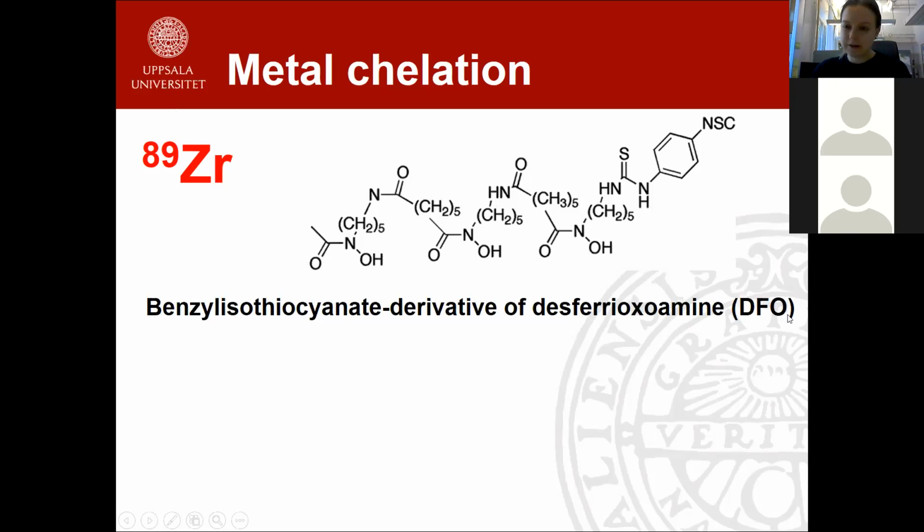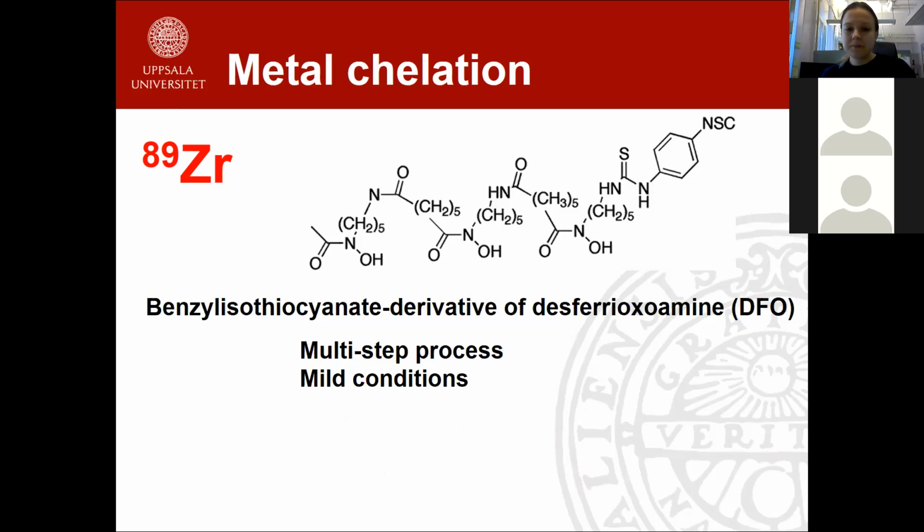So DFO is a chelator for zirconium, but it's not an ideal chelator because it doesn't hold zirconium very well, and when it's injected in the body, zirconium diffuses out of the chelator into the blood, and then it can go into the bone. So you can see unspecific signal from the bone uptake.